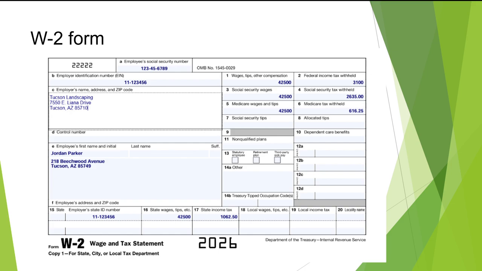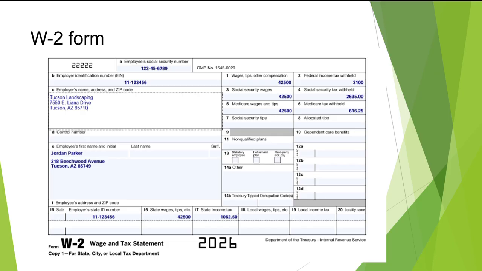Often it is sent to you as an attachment electronically, or you need to log into your employer or former employer's payroll system and download the W-2 form from there. You can get it from the IRS, but it's far more cumbersome because you actually have to file a formal request.